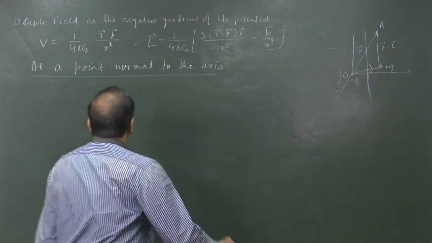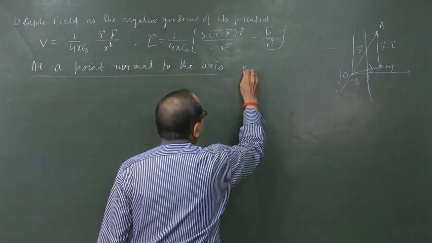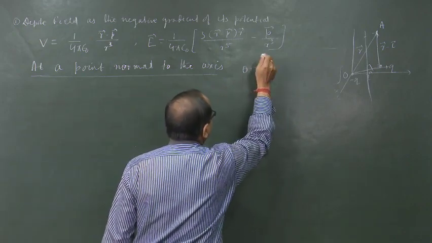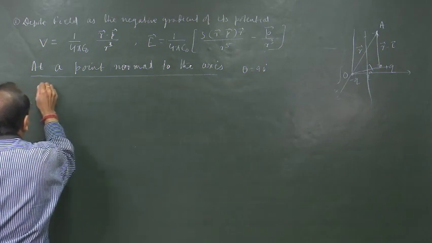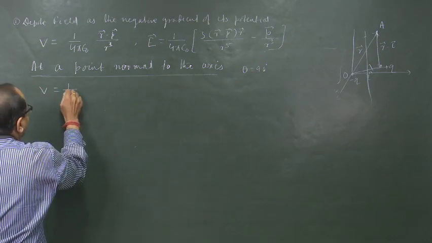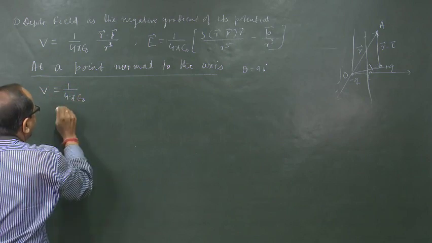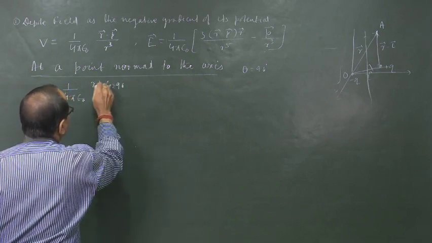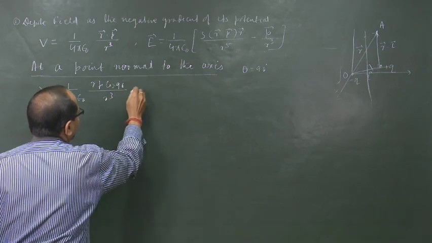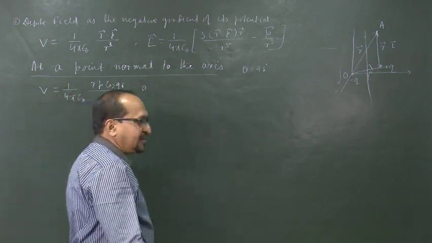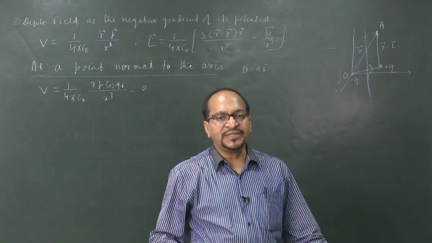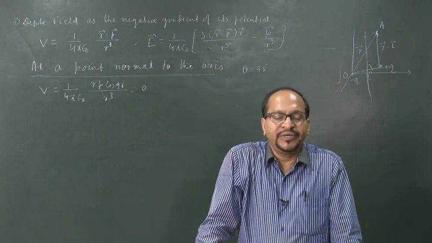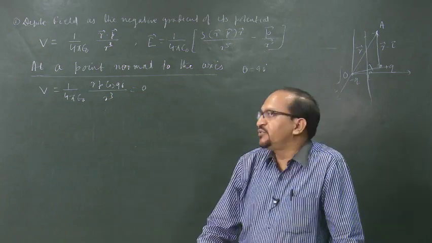So, here theta becomes 90 degree and our potential V is 1 by 4 pi epsilon naught r p cos 90 by r cube. Cos 90 is 0. So, potential is 0. So, potential at an equatorial point of a dipole is always 0.